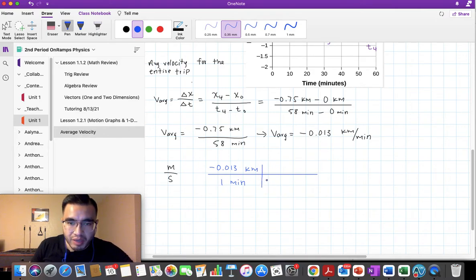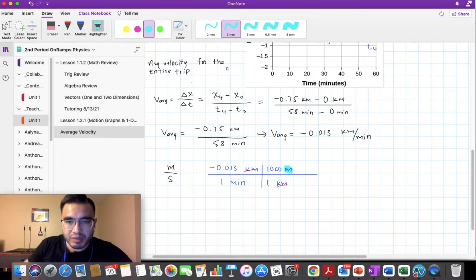I need to cancel kilometers. I know 1 kilometer has 1,000 meters. That's why you have the prefix kilo. That's why when you have more than 1,000 followers on Instagram, it says 1K, 2K, etc. And then kilometers cancel. Meters is what we want, so we highlight it to know we're done with it.